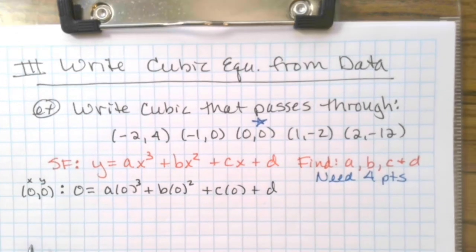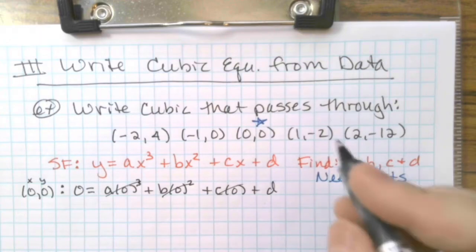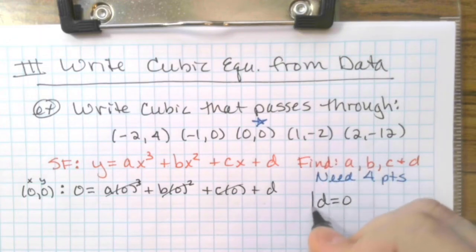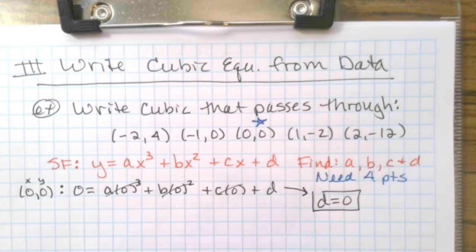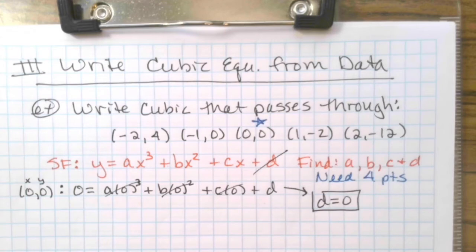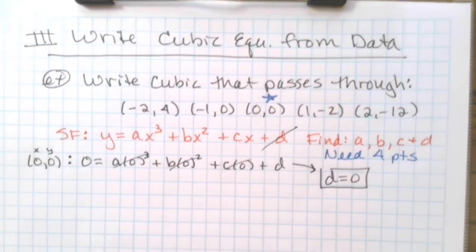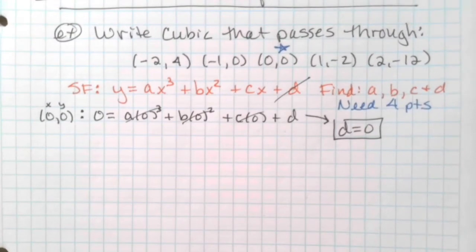Well, the nice thing about (0, 0) is all of these cancel out, and I get d equals 0. So I actually got my first one. That's really nice because now I can eliminate d from the rest of my equations because I already know it's a 0.